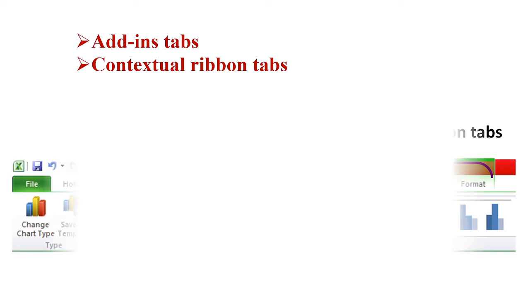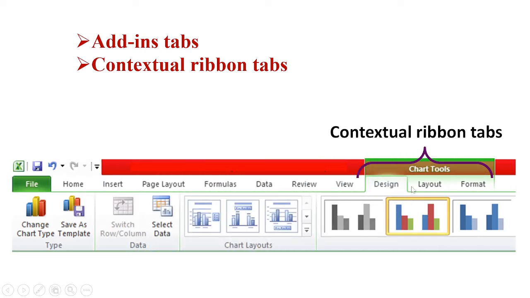For example, if you select a chart, the design and format tabs will appear under the chart tools. Also, there are few more tabs available in advanced version or tabs are not visible by default such as draw, help, developer, and many others.